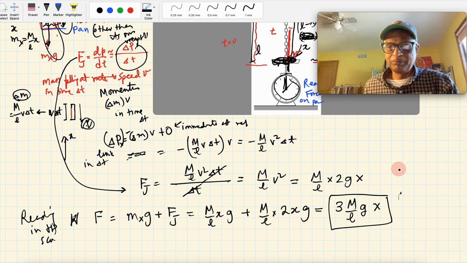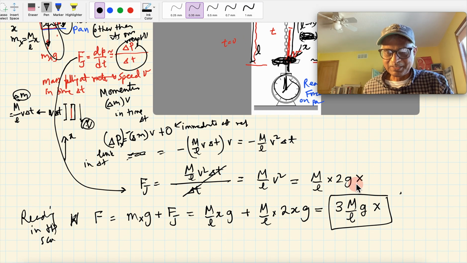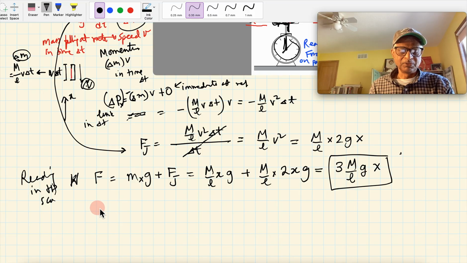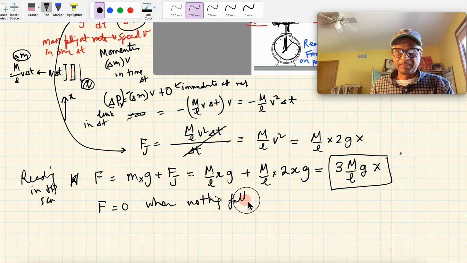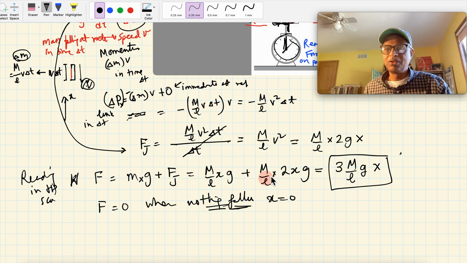So let's try to interpret this answer a little bit. When nothing had fallen, then the reading will be 0. So the reading F is 0 when nothing has fallen, okay? What does nothing fallen mean? x equal to 0. So this corresponds to x equal to 0, nothing fallen.